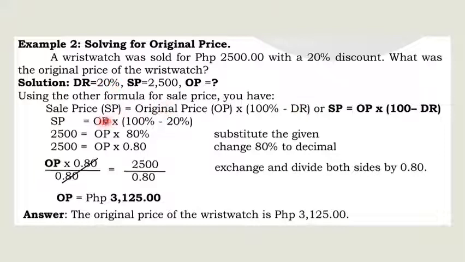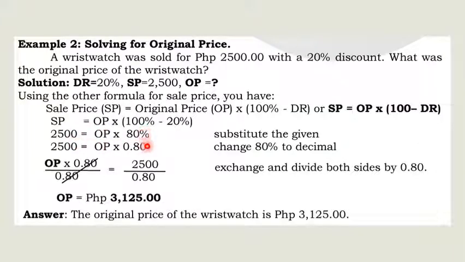So, yung original price natin, nawawala po siya. So, yung sale price natin is 2,500. So, 100 minus 20 is 80%. So, pwede siyang ipag-minus kasi pareho naman siyang percent. So, kaya siya 80%.